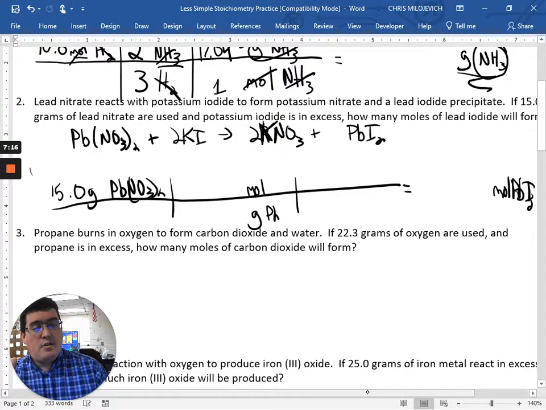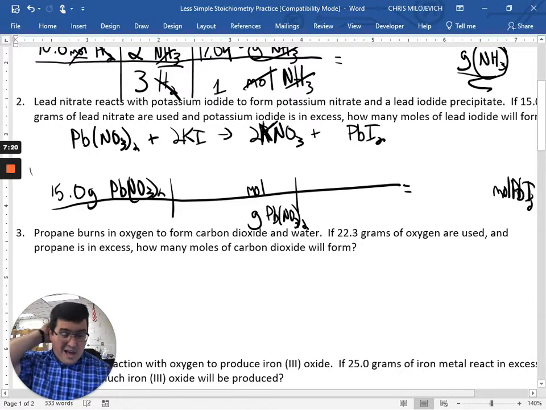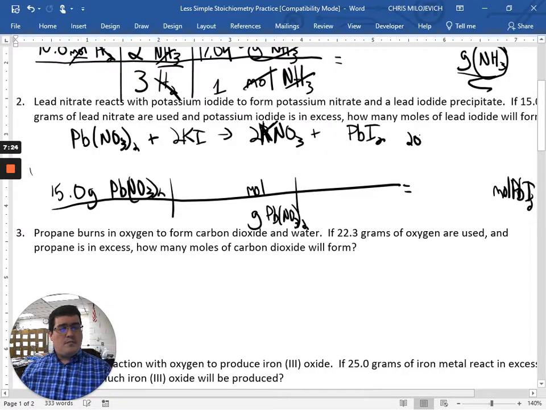So we need to know how many grams per mole there are for lead nitrate. Now I'm going to be honest with you. I can sit here and do this: lead is 207.2 plus open parentheses, nitrogen is 14.01 plus oxygen 16.00 times 3, close parentheses times 2.